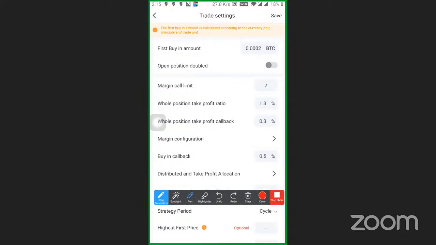Actually, these parameters are set as default settings by RoyalQ. RoyalQ tells us that you can use the RoyalQ bot as a fully automated bot. You don't need to come again and again every day and change the setting, the percentage, or the multiple.